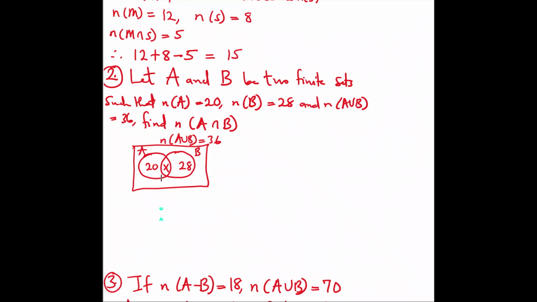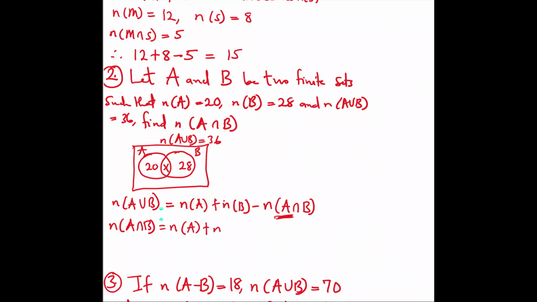In the first video I did, I gave the formula to find the number of A union B. The formula to find the union of two sets is the number of A plus the number of B minus the number of the set that is common between both sets. So this is the one we are looking for, right? If we make this our subject of formula, we have n(A intersection B) is equal to n(A) plus n(B) minus n(A union B).